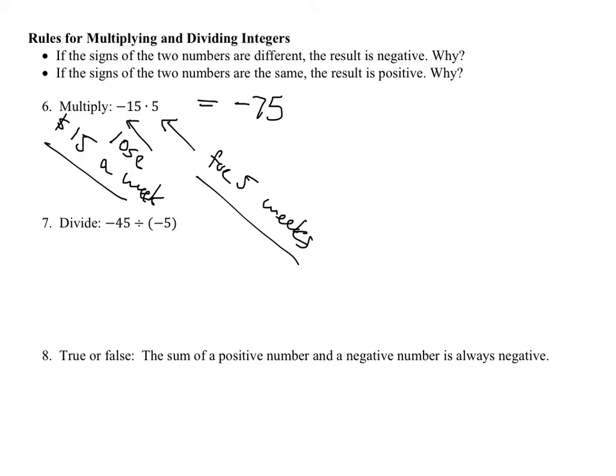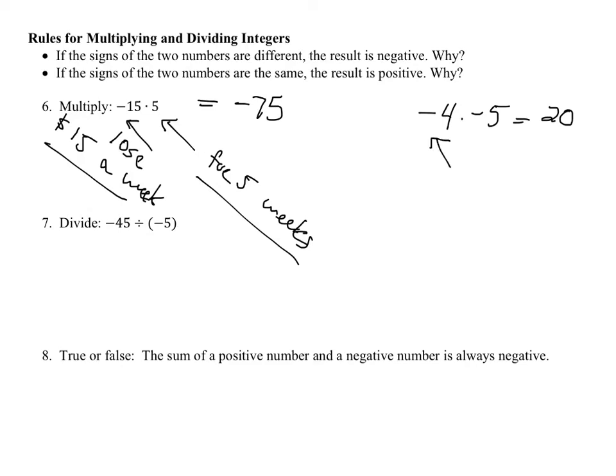If the two numbers have the same sign, the result is positive. Now it's wicked easy to see if the two numbers are positive. 4 times 5 is 20. But what if the two numbers are negative? Let me see a scenario here, like negative 4 times negative 5. Well, I claim it equals a positive 20. Now why?